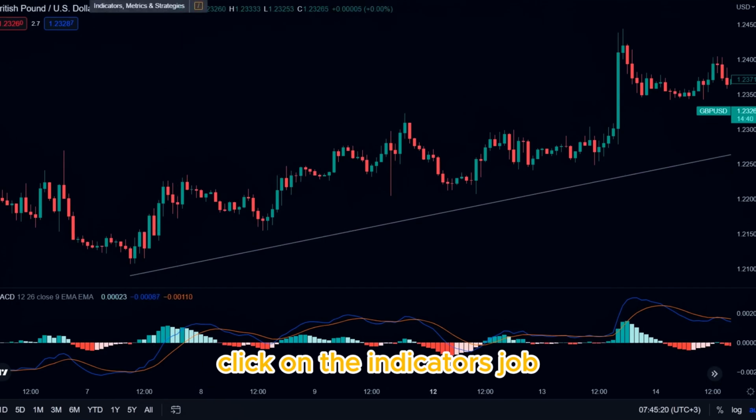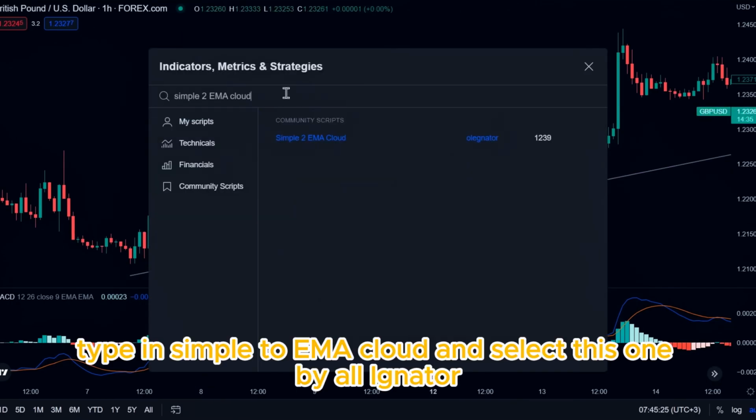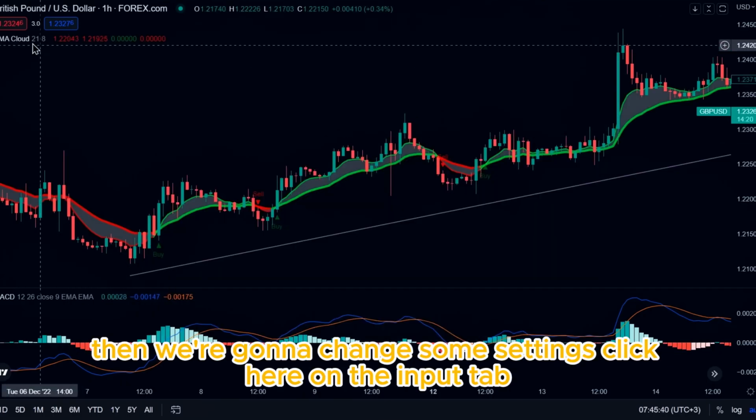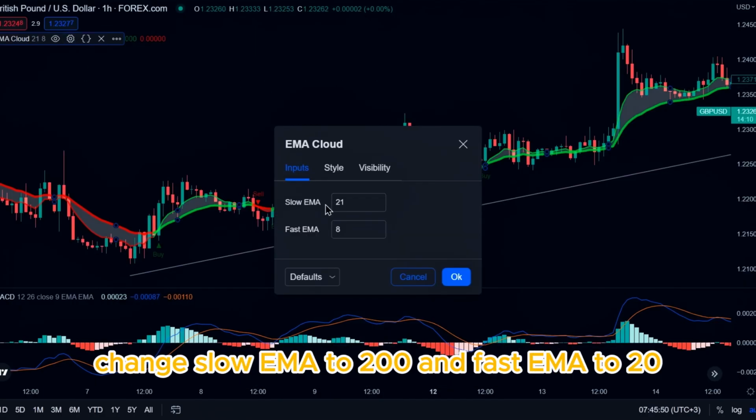Click on the Indicators tab, type in Simple EMA Cloud, and select this one by Alignator. Then we're going to change some settings. Click here on the Inputs tab, change Slow EMA to 200 and Fast EMA to 20.